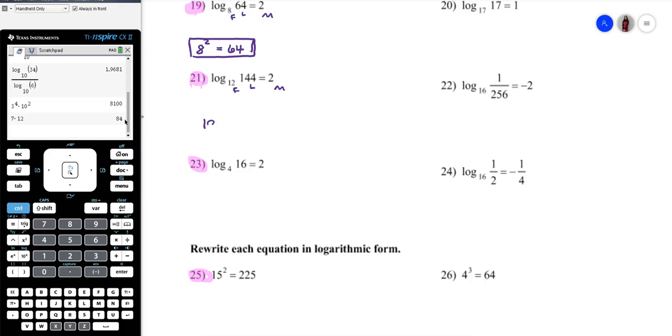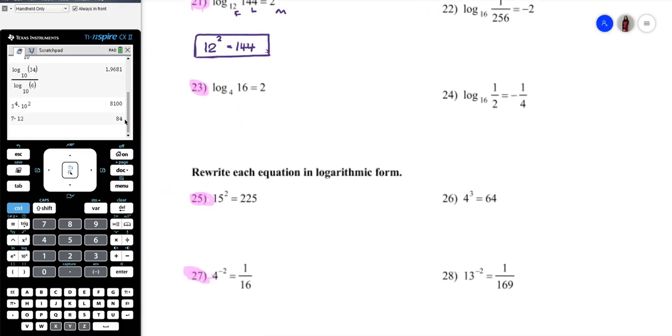We've got 12 to the power of 2 equals 144. And the next one, which looks like it again, is the power of 2, 4 squared equals 16, which is true.